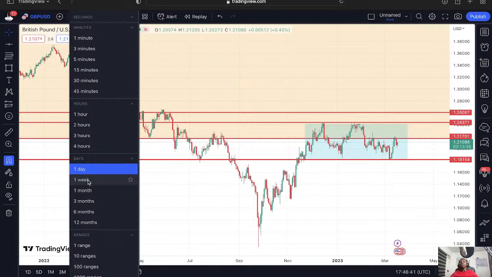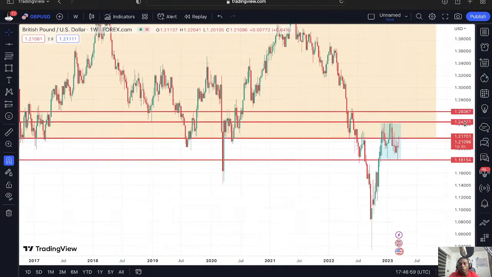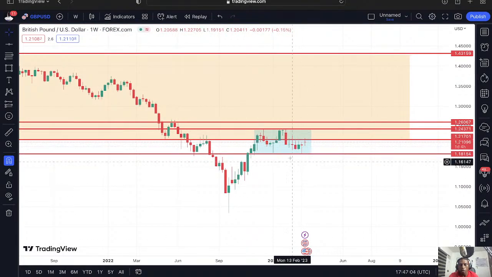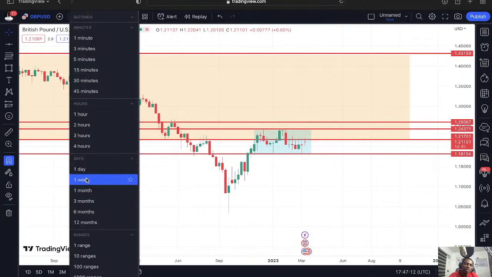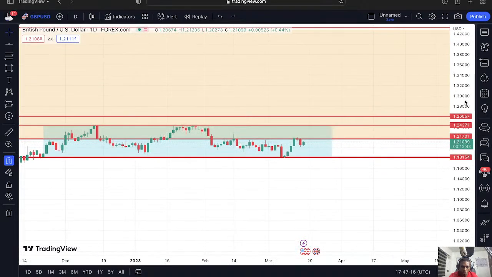So you might not get the information that you feel you really need, except you go to lower time frames and contrast from there. Because if you go by what you see on this weekly time frame, you might think the market is going up. But if you now check a lower time frame, it will give you another thought.